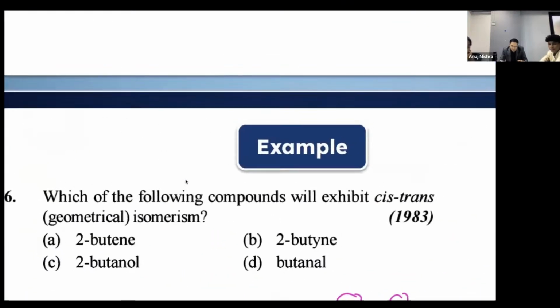Answer this question. Which of the following compounds will exhibit cis-trans geometrical isomerism? You will find a C double bond C structure, and that should have two different groups on every carbon.